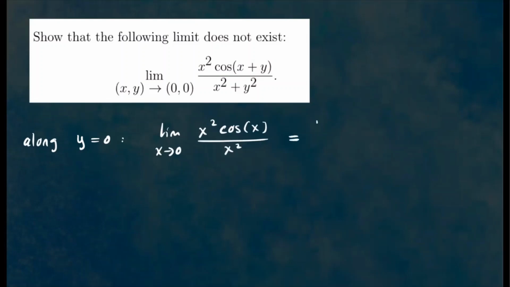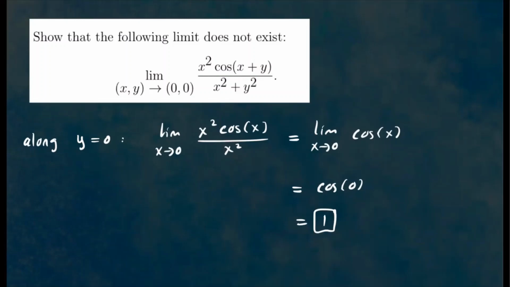Now we can simplify, and that gives us just cosine of x. If you substitute 0 into cosine of x, you get cosine of 0, and we know cosine of 0 is 1. So along this path, our limit is 1.